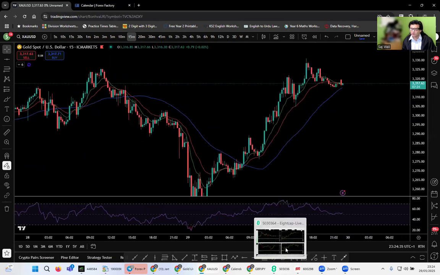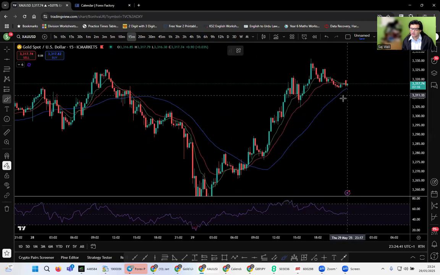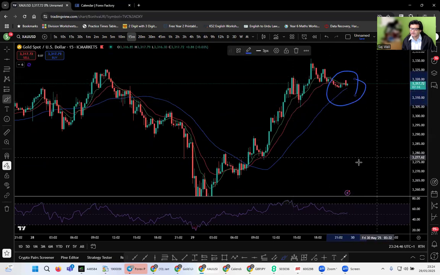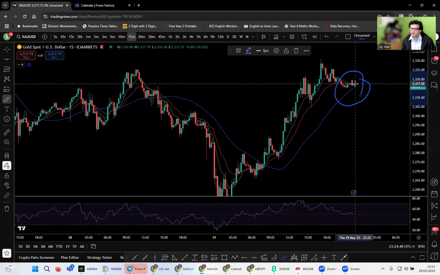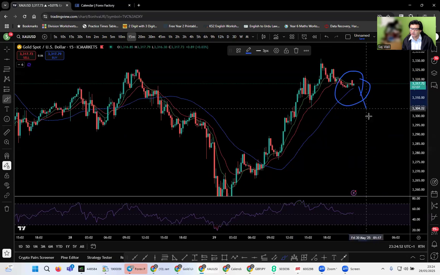And if you want to know more about how to use them, you can always leave a message under the video, and I'll make another video for you about this strategy. So these moving averages and RSI combination you can use and take a sell trade when the conditions are met.